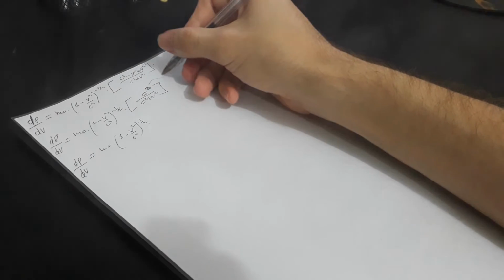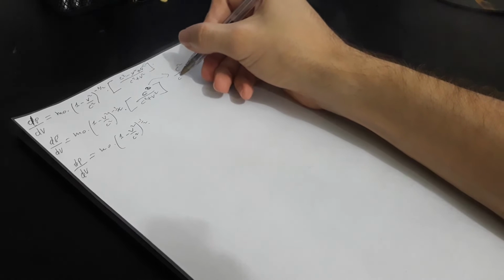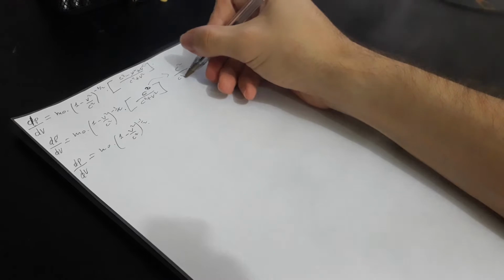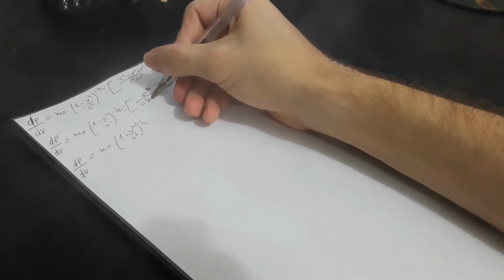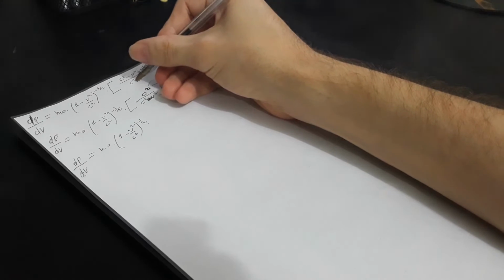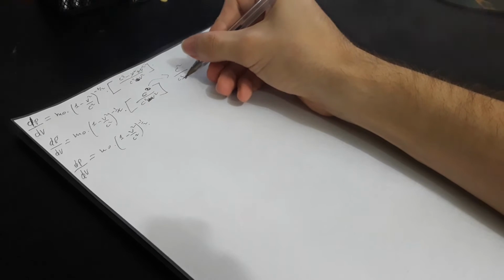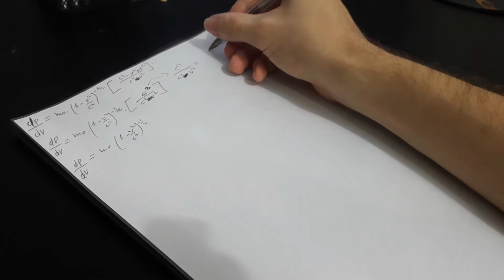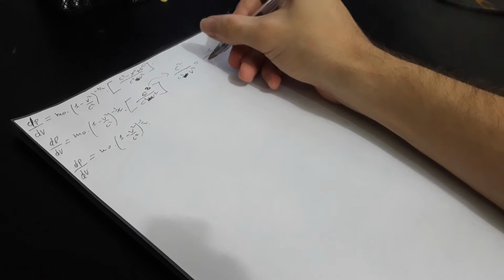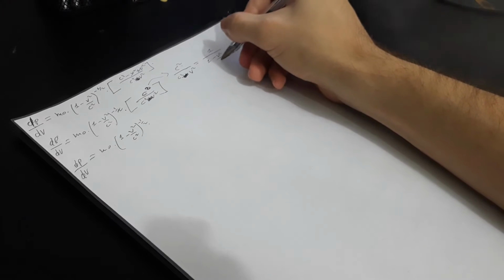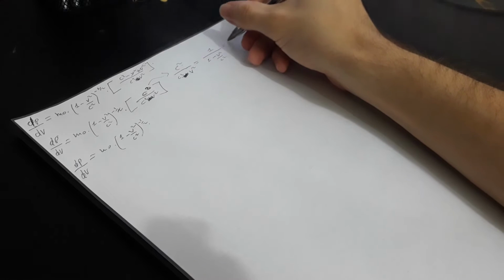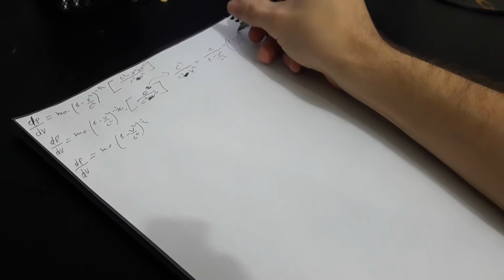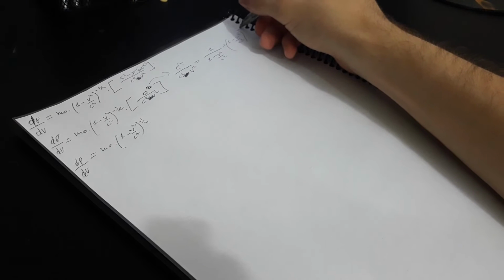This is equal to, oops, it's minus here. C squared minus v squared is equal to this little baby, okay, which is this little baby right here.